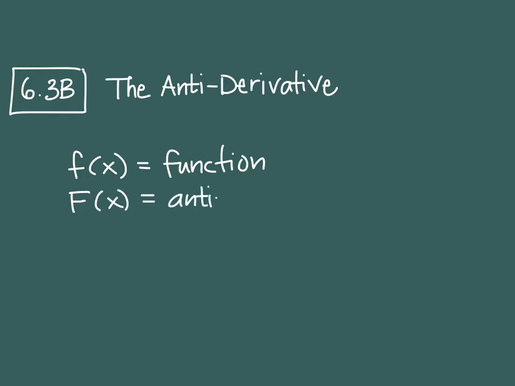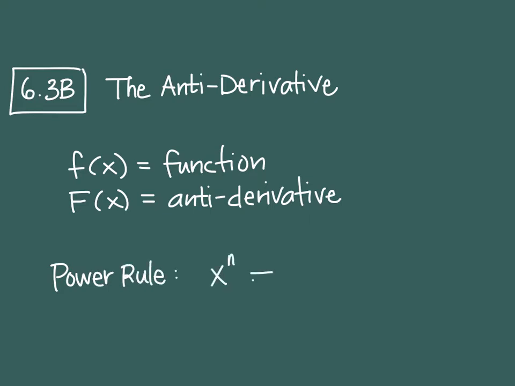In other words, we're going backwards, and the rules that we worked with before are just going to all be reversed. So, for example, we have the power rule for derivatives. The power rule says if you have x to the n, then in derivatives, you move the n down, and then you decrease the power by 1.